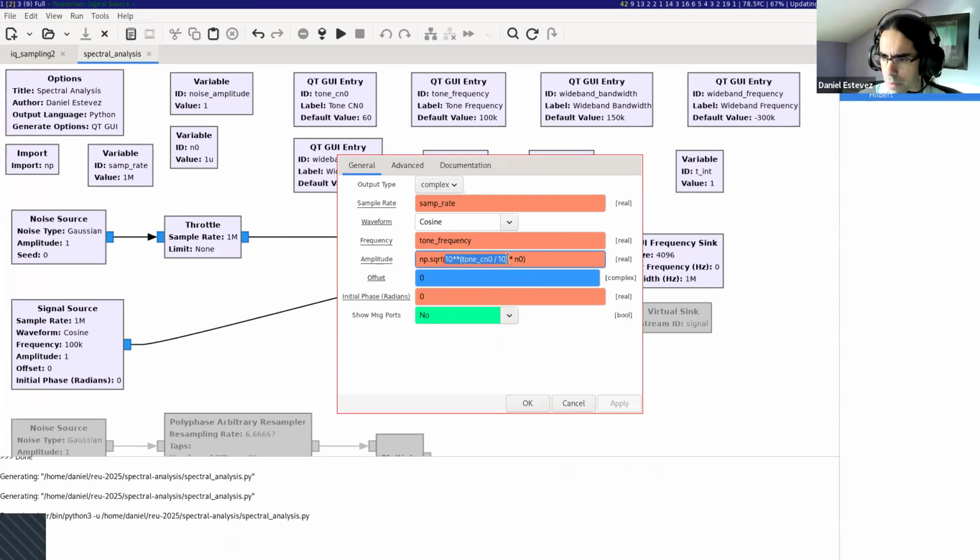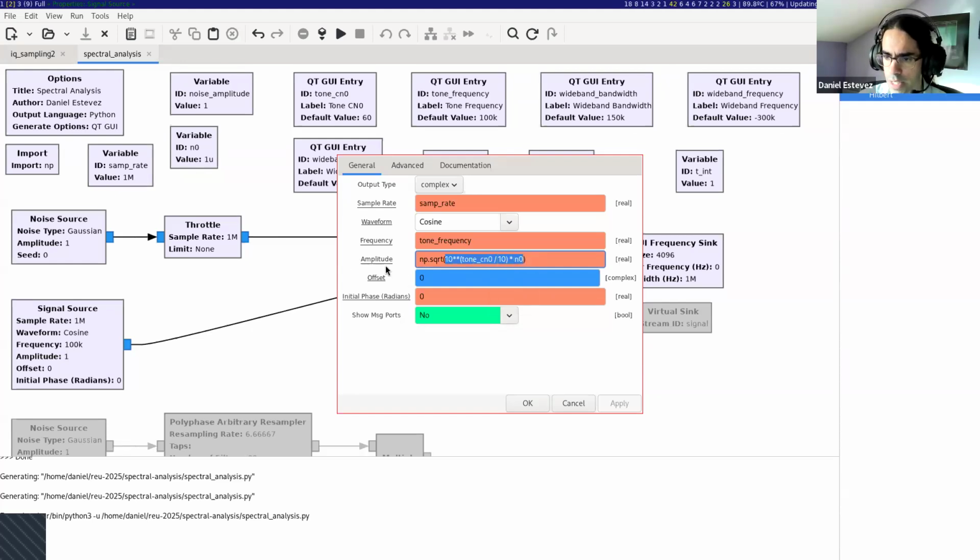We need to convert back to power, and you know dB is 10 to the power of something in decibels divided by 10. That is how decibels are defined. So this is just my CN0 in linear units. Then I'm multiplying by the noise power in 1 hertz, and this is another variable. I will show you the formula for that in a second. And this will be the power of my signal.